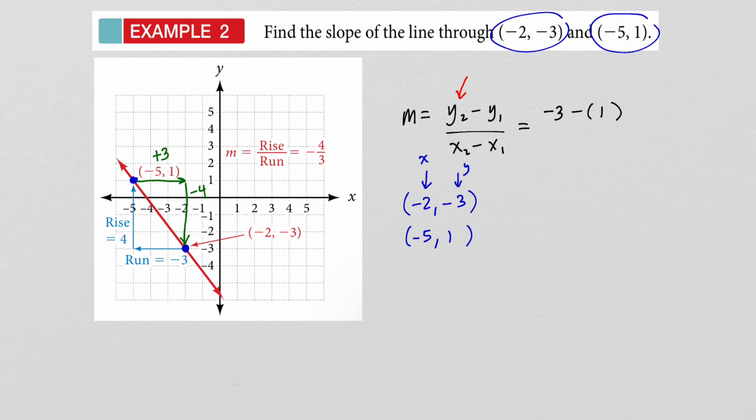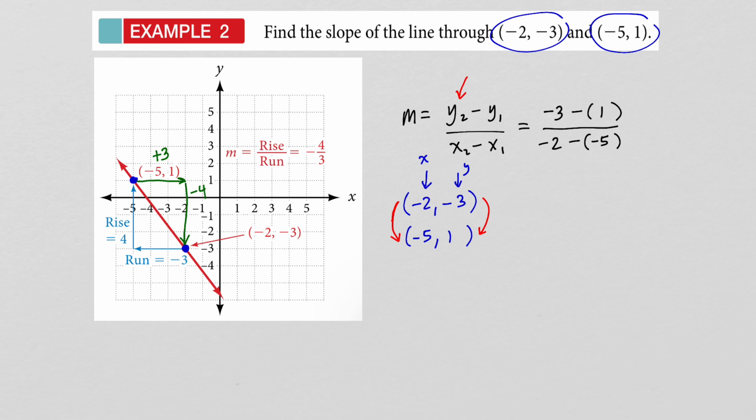So -3 minus 1. And now the important part is if I chose to subtract in this order, I have to choose to subtract the x values in the same order. So in other words, if this is y2, this has to be x2. And so x2 is going to be -2 minus x1 here would be -5.